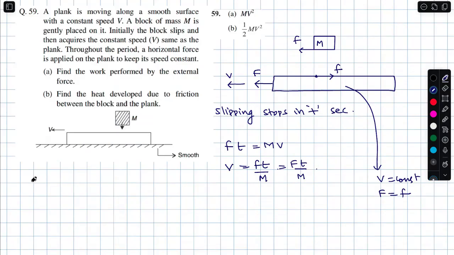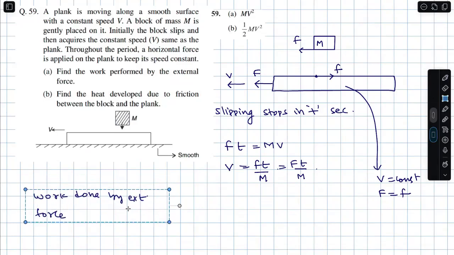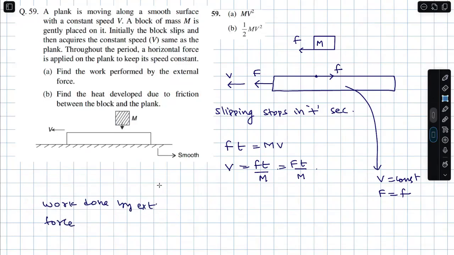So what is the work done by the external force in time t?